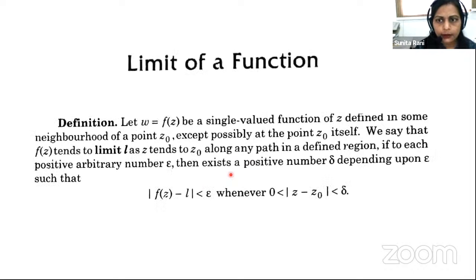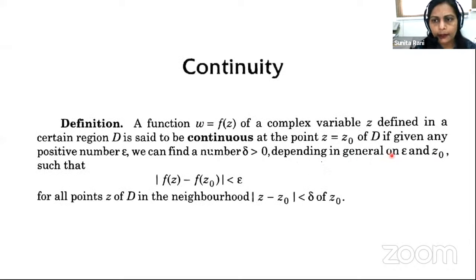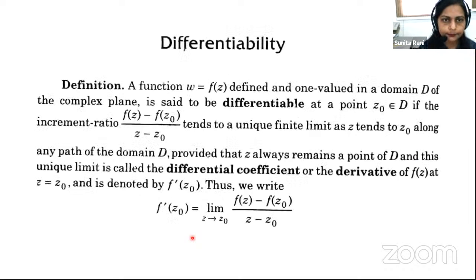In the limit, delta depends upon epsilon only, but in continuity, delta depends on epsilon and Z naught both. Then |f(z) - f(z naught)| < epsilon whenever |z - z naught| < delta.